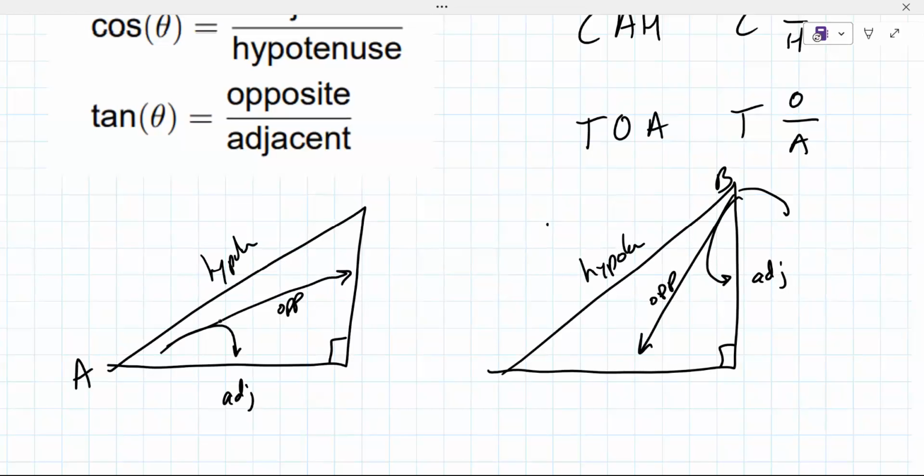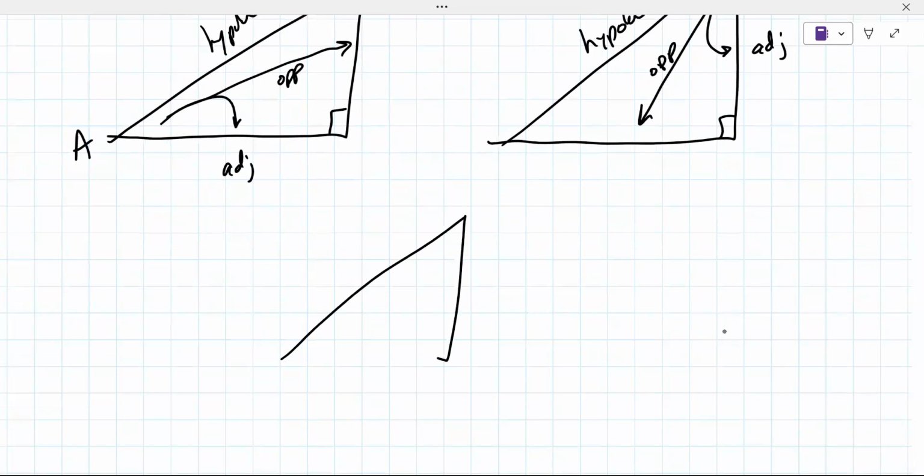Even if you put the 90-degree angle down there, and if you're looking at the point where the two lines are perpendicular at 90 degrees, and those are the legs, can the hypotenuse also be the opposite?